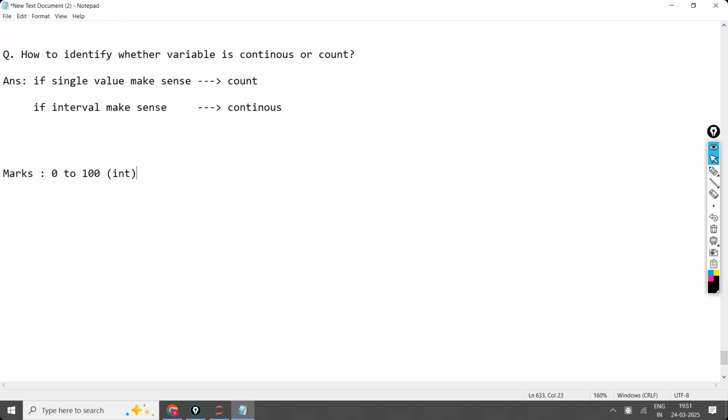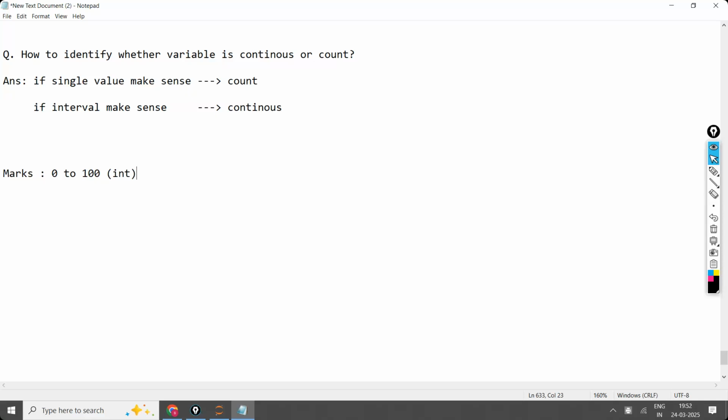Then there is no discussion. The problem comes when the values are int, not float. Now we have 31 marks, 32 marks, 84, 85, 91, 98 marks. Like this we have multiple marks, and those are int only.